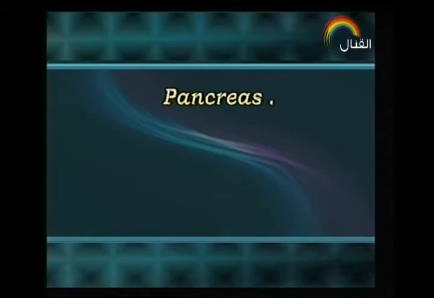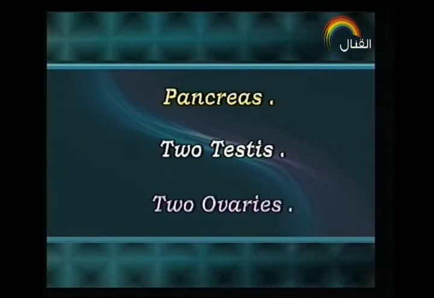We also have the pancreas, which we consider, and will discuss in detail, as a mixed gland. What does mixed gland mean? When we discuss it, I'll tell you. Also, two testes in males, and finally, two ovaries in females.